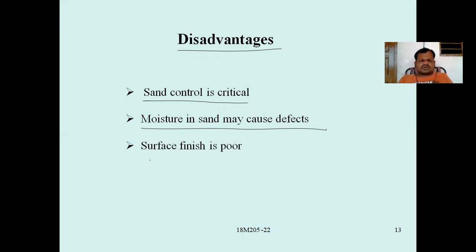Surface finish is poor in green sand molding. Very little finish is obtained compared to other sand molding processes. So in green sand molding, surface finish is very poor, and the mold lacks strength.